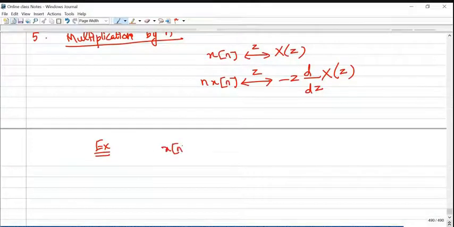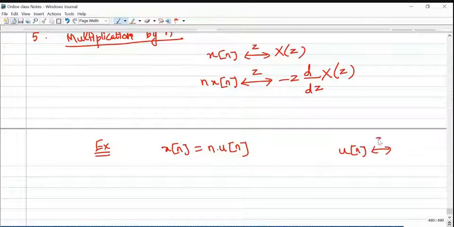One example I will give you. Find the Z transform of x of n equal to n into u of n. What is the Z transform of u of n? The result is z divided by z minus 1.